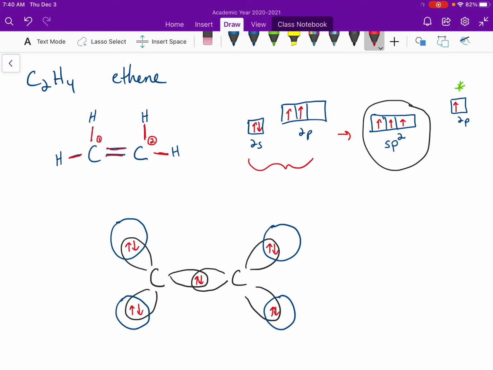Now, what we know is that we have a double bond between the carbons. So where does that double bond come from? Well, remember, it's carbon to carbon. One of the carbons, as we just drew up here, has this extra p orbital, and the other carbon also has an extra p orbital. If they're lined up, this carbon has an extra p orbital here, and this carbon also has an extra p orbital here.